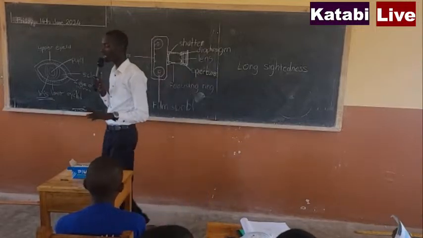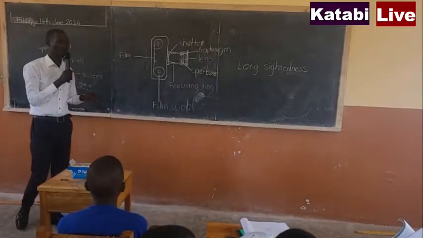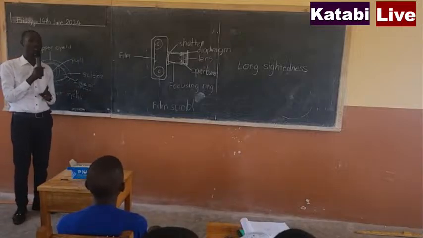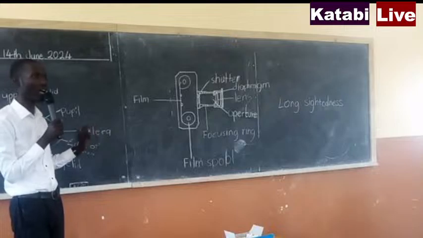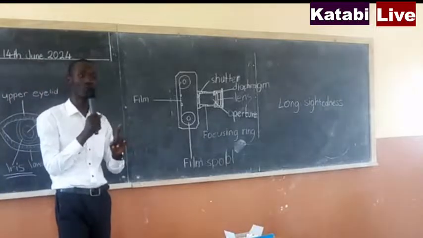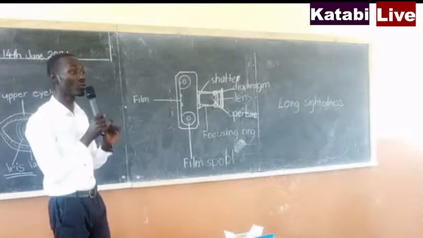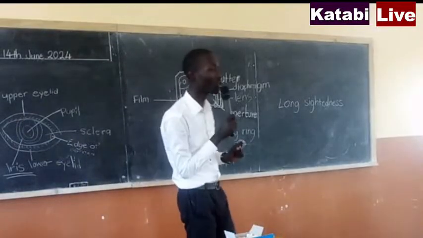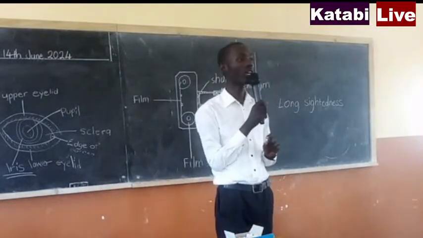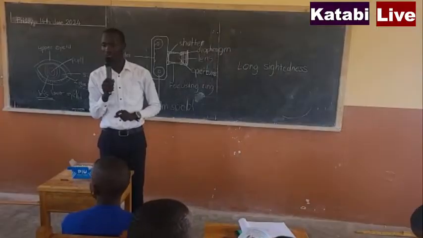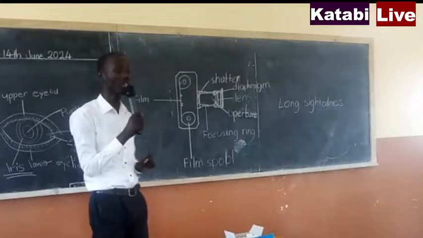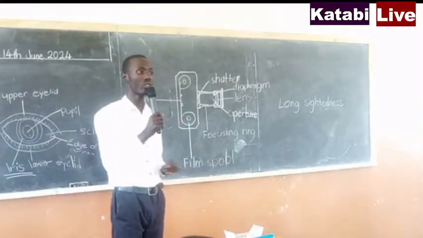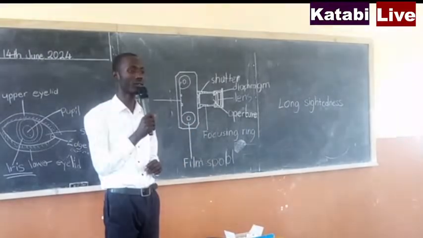Then maybe after that, if we still have some minutes, we shall look at a few diseases that attack the eye. The defects are like the disorders of the eye. They can twist the question and ask you to give any one disorder of the human eye. So the moment you see the word disorder, it's the same as defect. Are we together?